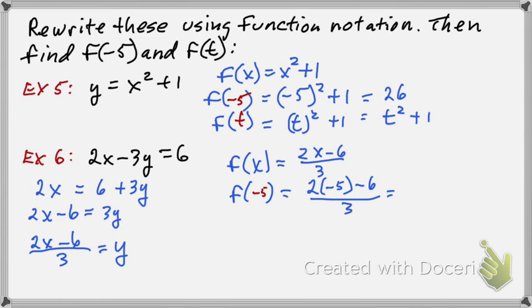So -10 minus 6. Check my math. If we're good, that's how that would evaluate. F of t, I've got 2t minus 6 over 3, and I'm done.